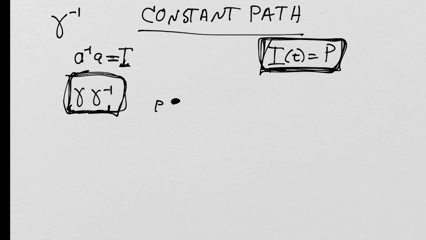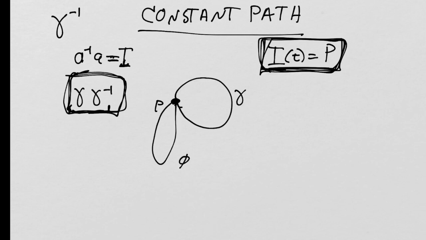We talked about that. So with loops, a concatenation of loops, right? Gamma and phi, where phi is a loop, and we know that gamma after phi is a concatenation of loops, and that's another loop, or another path.